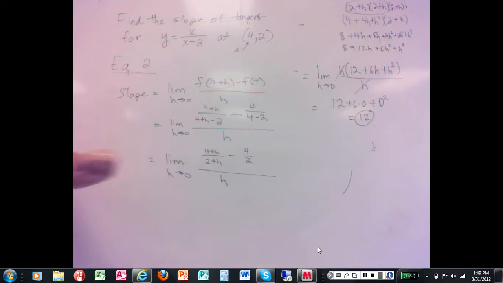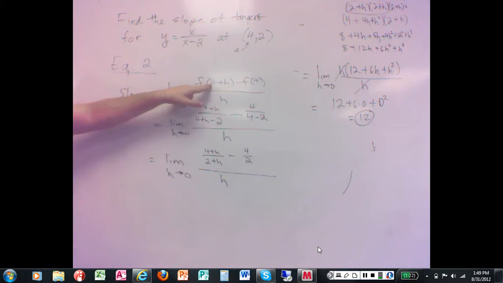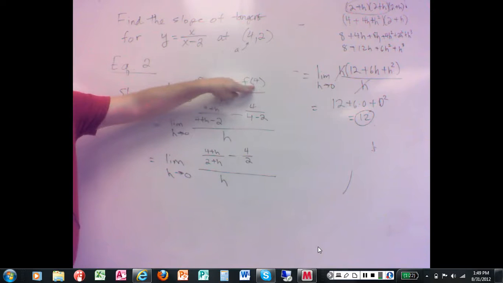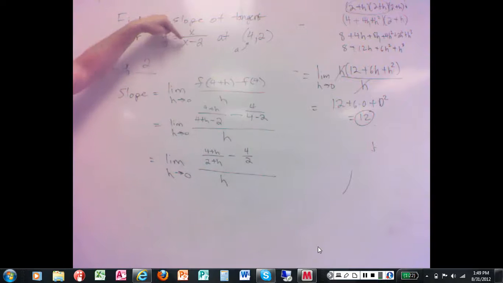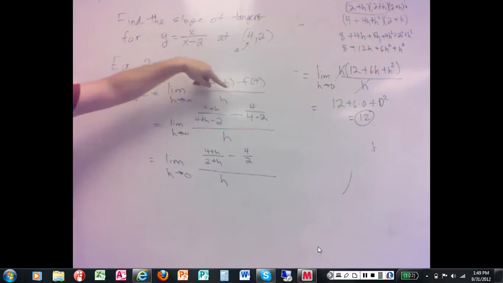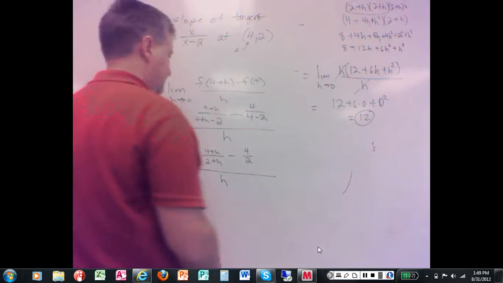Which, right here? Oh, yeah, I'm plugging x to be 4 on this one. So you got 4 over 4 minus 2. The x is 4. A is 4, so plug in x to be 4.